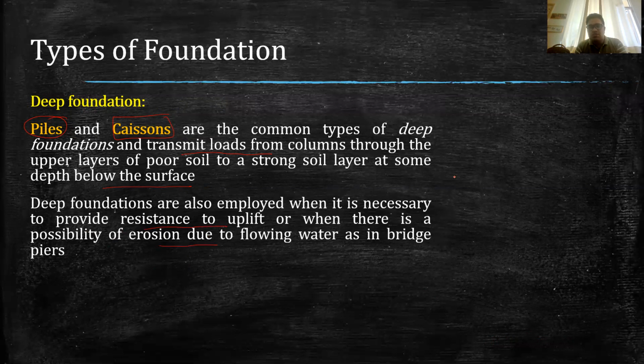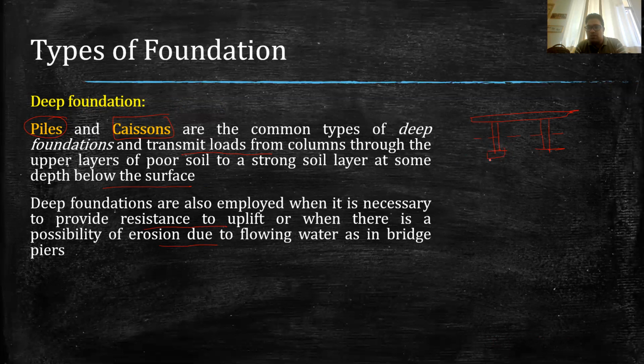So in case of bridge construction, for example, if this is a bridge and we construct this bridge on a river, obviously we provide these vertical column type structures, which are called piers. These piers have deep foundation because as the water is running, erosion may occur.